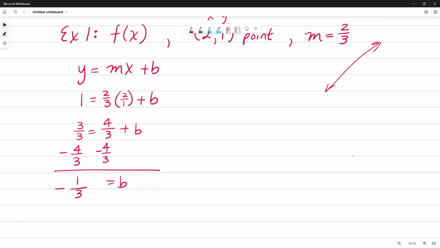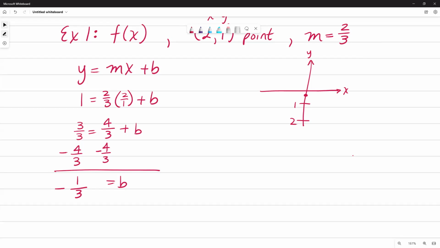So when it intersects the y-axis on my graph, it's going to happen somewhere around right here, because it's negative, so it's under the x-axis, but it's not quite at 1, so it's at 1/3, about right there.